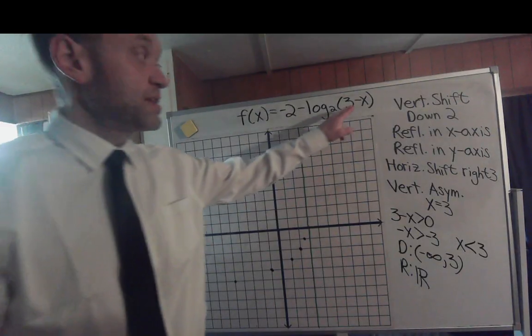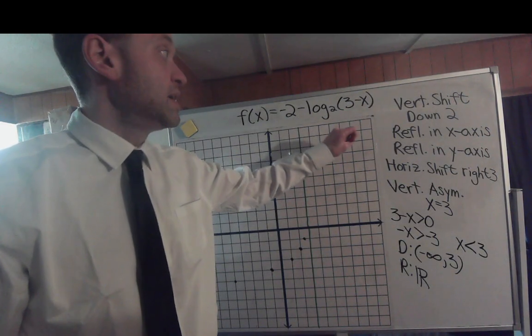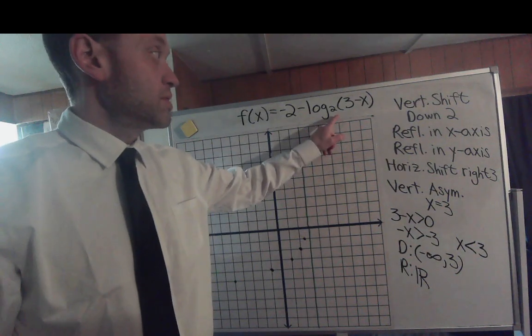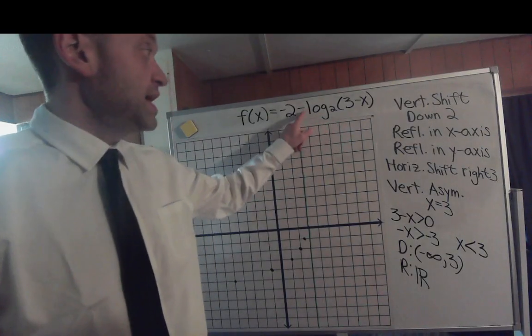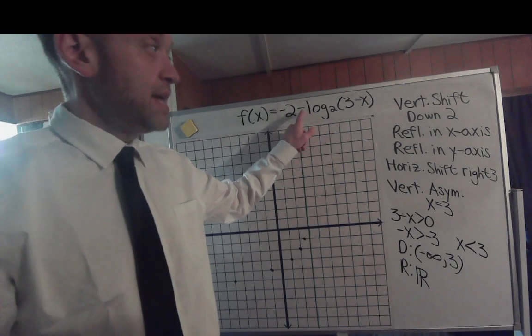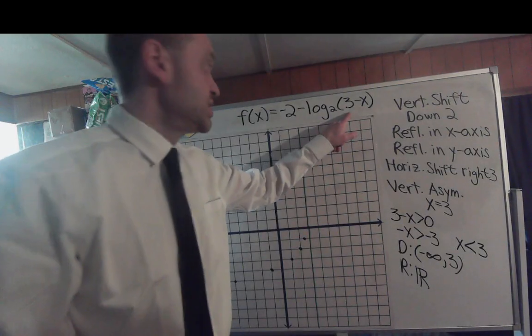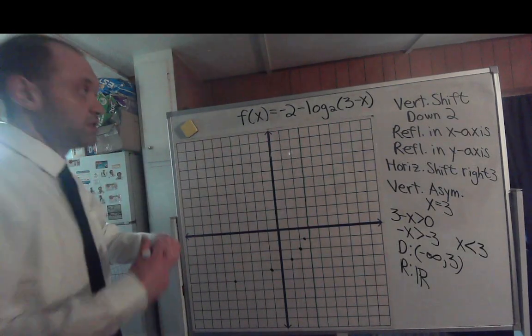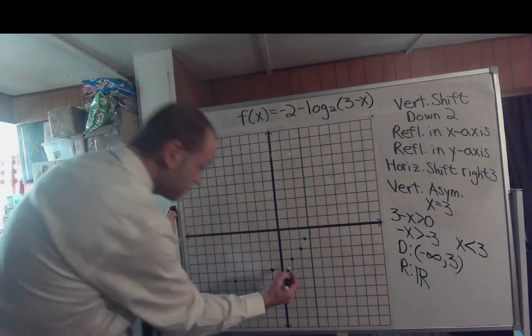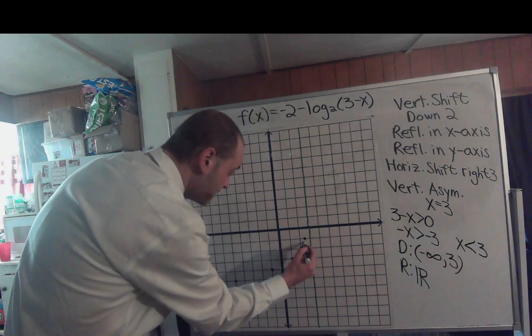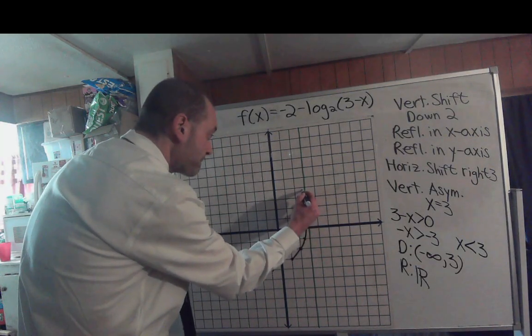So 3 minus 2 3/4 gives me 1/4. Log base 2 of 1/4 is negative 2. Well, the negative of negative 2 is positive 2. Negative 2 plus 2 is actually 0. So here's roughly what my graph is going to look like.